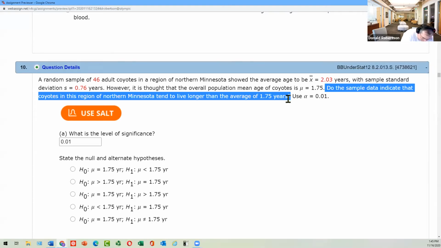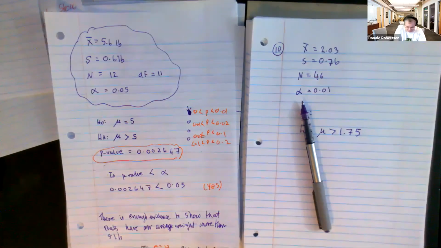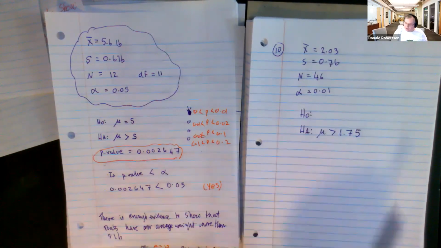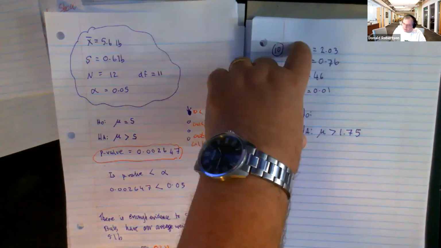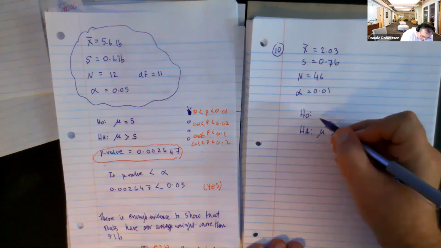So we're being asked this. You see all the information that we've got from that story is now here. What's missing up here?